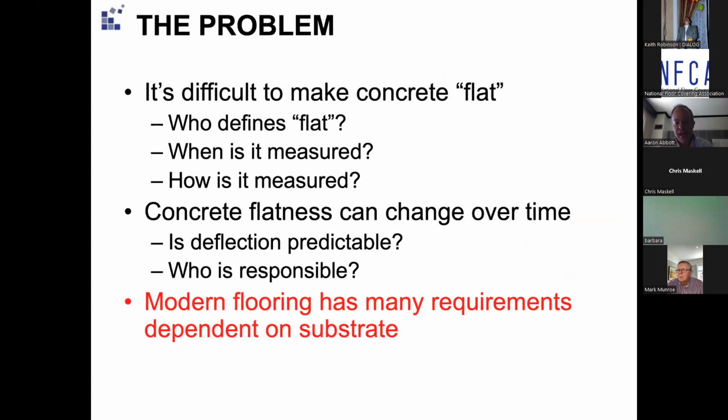Modern flooring has many requirements that are dependent on the substrate. We could go off onto five or six other one-hour webinars on the different requirements that the floor covering people have.